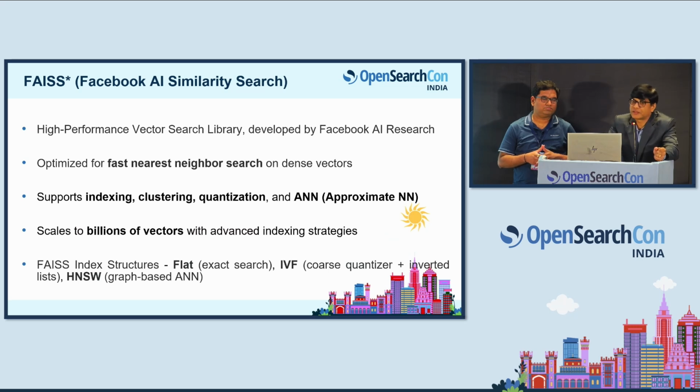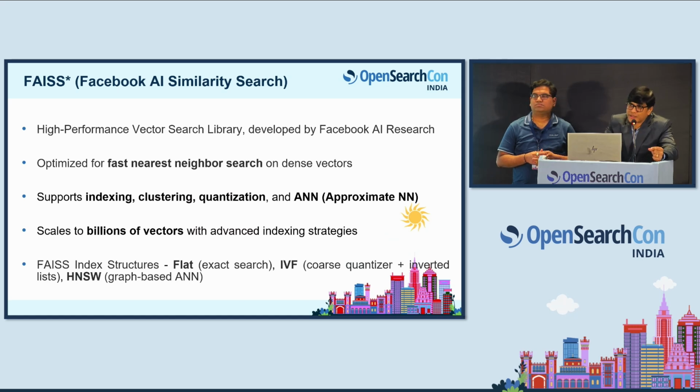It's not in Java, of course, like Lucene. It does provide the fastest nearest neighbor search on dense vectors. Dense vector, I have touched on this, is nothing but a vector with mostly non-zero elements. It supports indexing, clustering, and quantization.